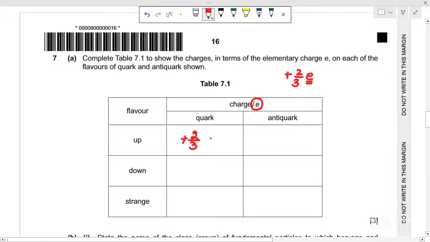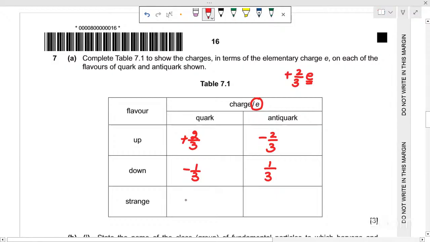And charge of anti-quark of any quark is negative of that charge, which is negative 2 by 3. And charge of down quark is, what is charge of down quark? Down quark is negative 1 by 3, and down anti-quark would be positive 1 by 3.